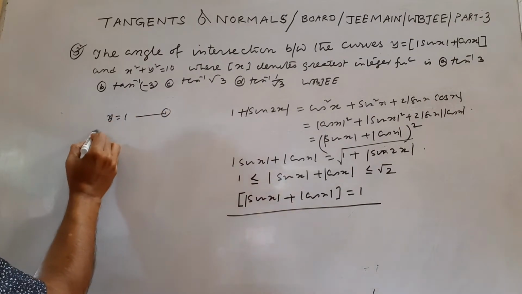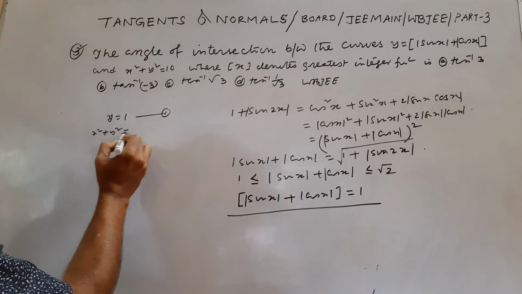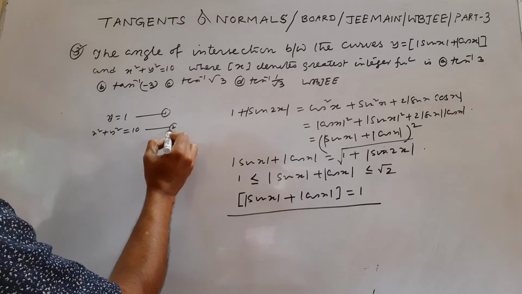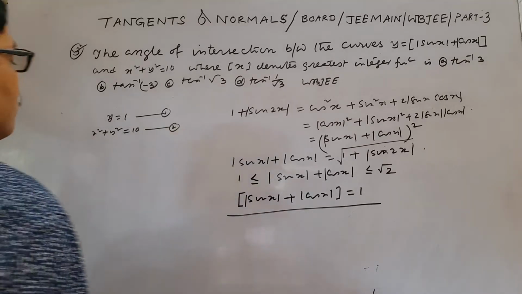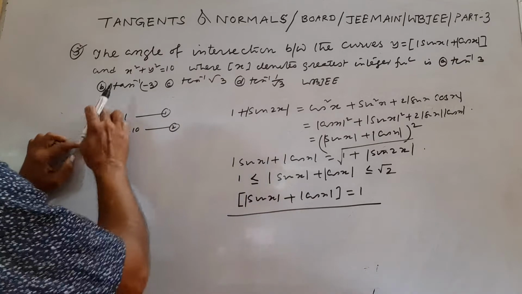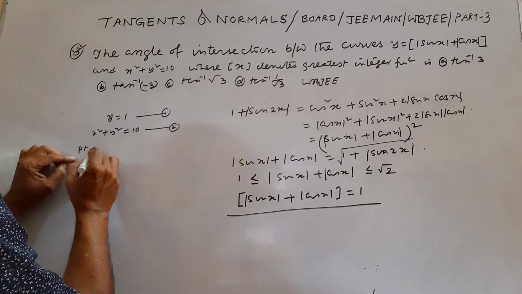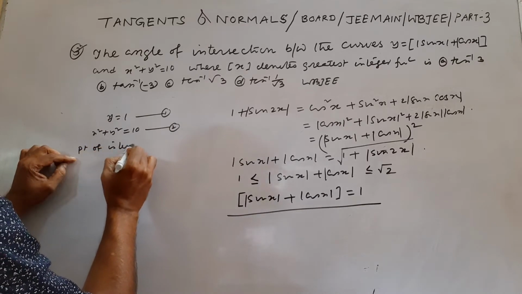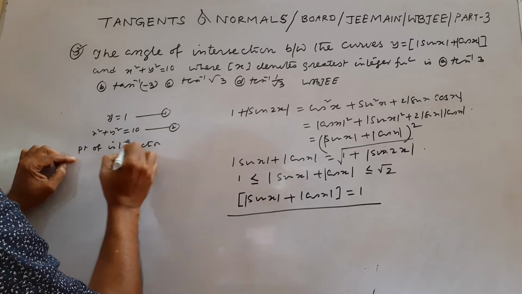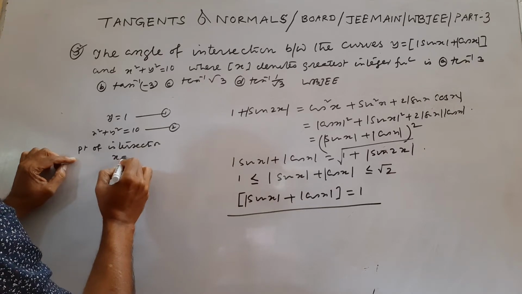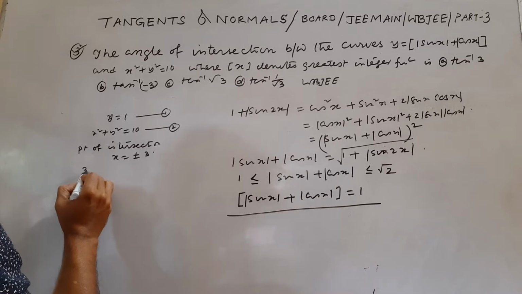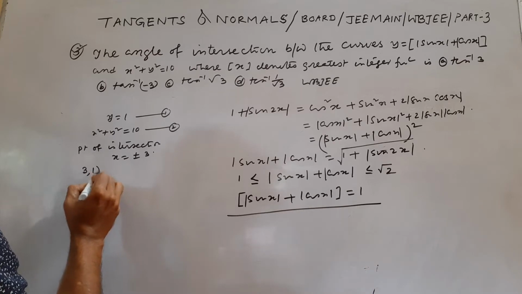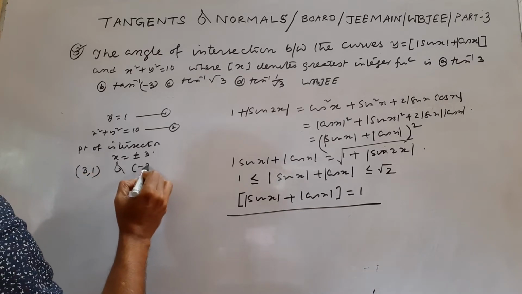And second one is x square plus y square equals 10. So what is point of intersection? Point of intersection, x equals plus minus 3. So one point is (3, 1), another is (minus 3, 1).